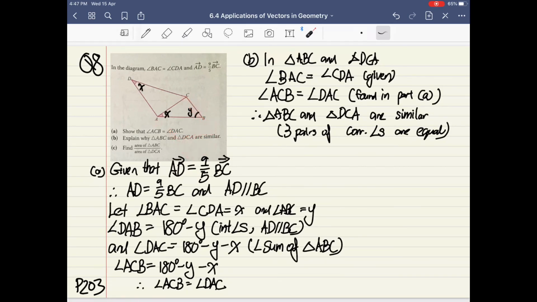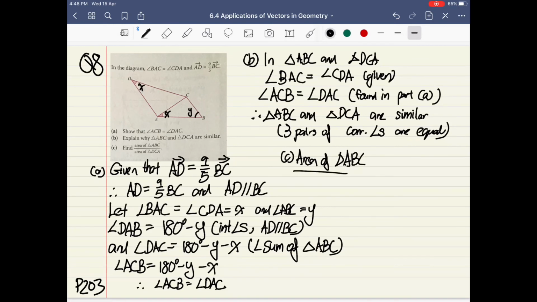So triangle ABC, this is the base and this is the height. Similarly, for triangle ADC, this is the base and this is the height itself. So therefore they share the same height in this case.